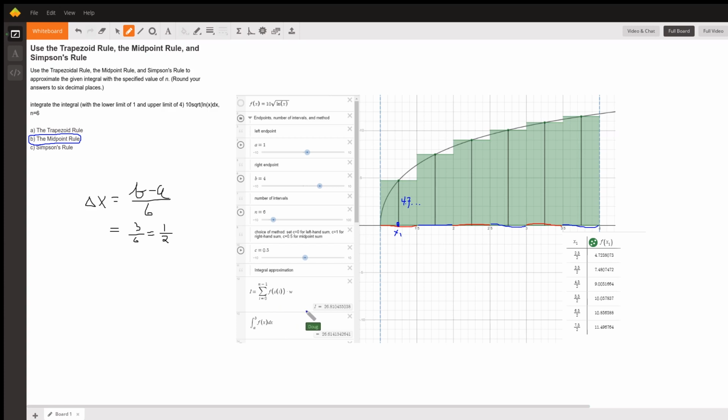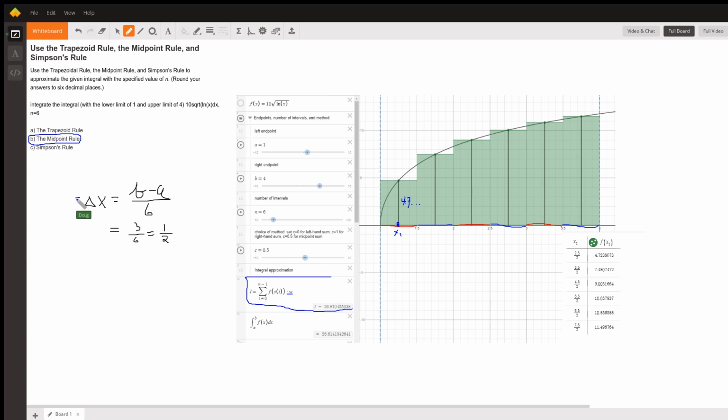I'm not going to try to explain what's going on there, but we're actually summing up the areas of these 6 rectangles from i equals 0 to 5. f of x sub i is really just the height of each rectangle, and w is the width.